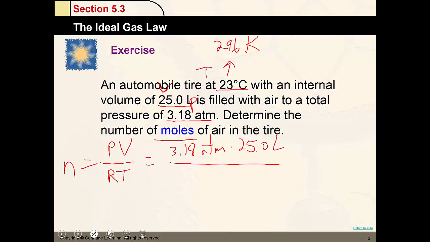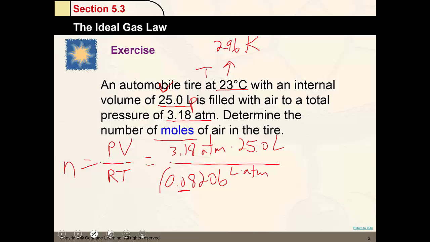And in your calculator, be careful when using the order of operations. Make sure your denominator is always in parentheses. And do also be careful with the R, with the ideal gas constant, with the universal gas constant. Do not forget this 0. It's 0.08206 and not 0.8206.